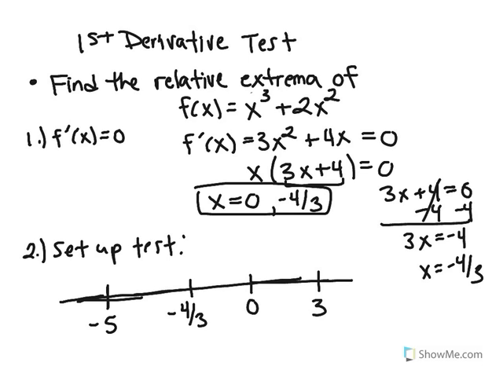What is happening? So over here, in between these two guys here, we want to pick a value somewhere in between and plug it into our function to see what's happening.